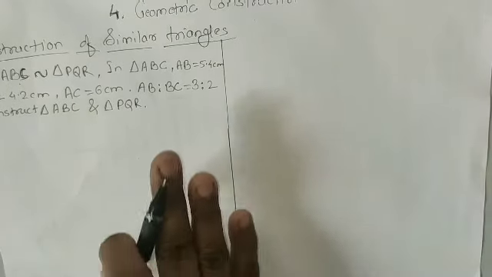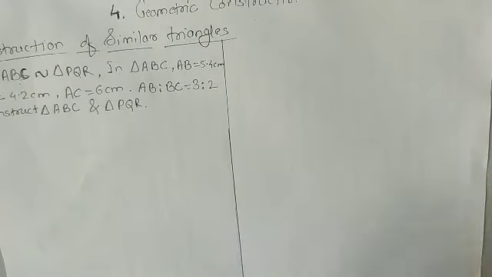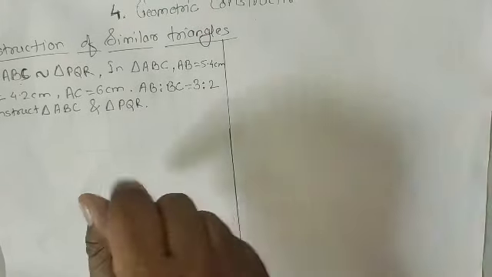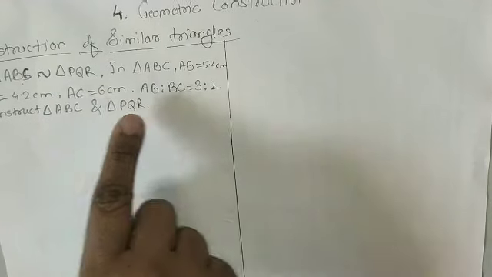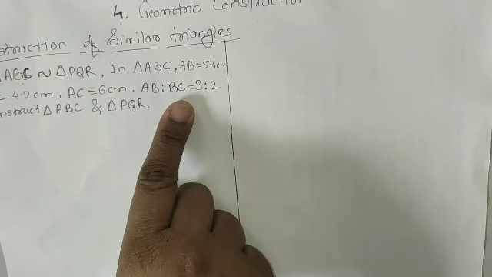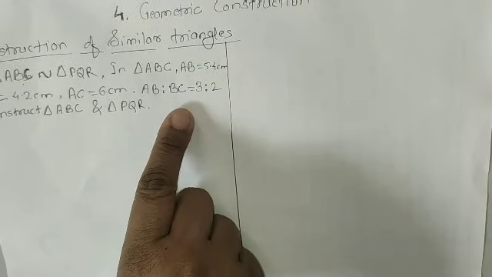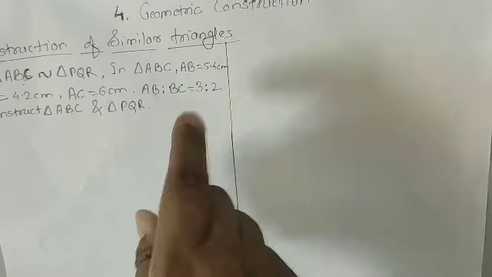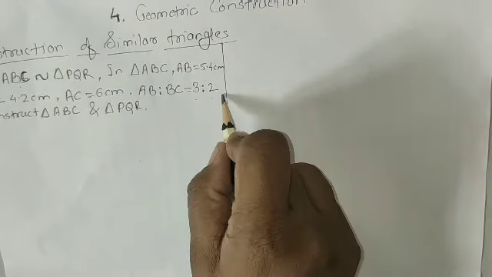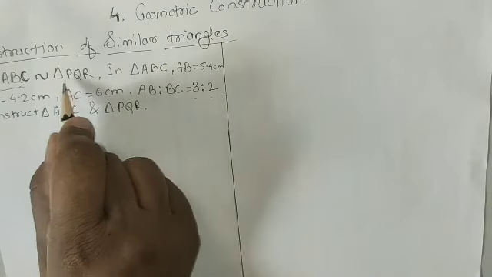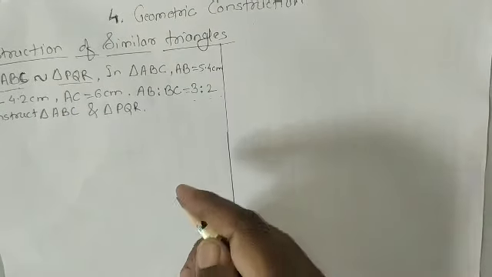Now before solving the question, we have to draw the rough figure. If you see here, triangle ABC and PQR, these two triangles are there and the ratio of their sides is given. AB is to BC, the ratio is 3:2. So from this which triangle is greater?